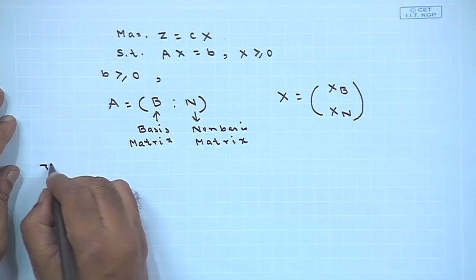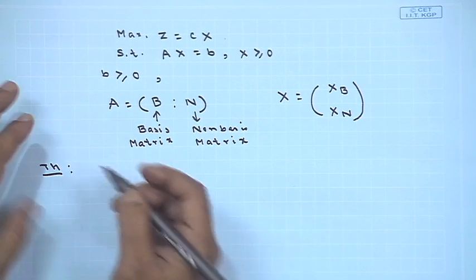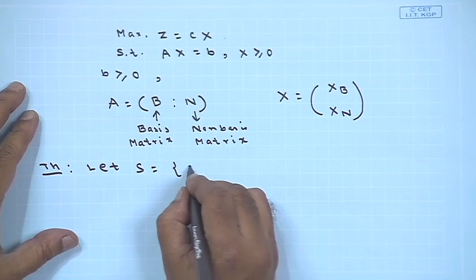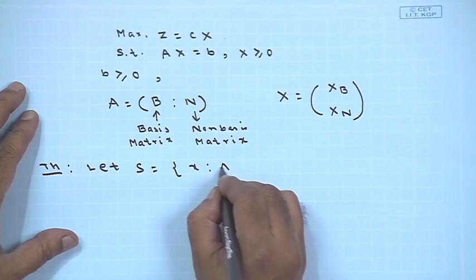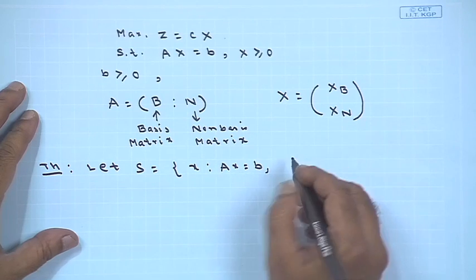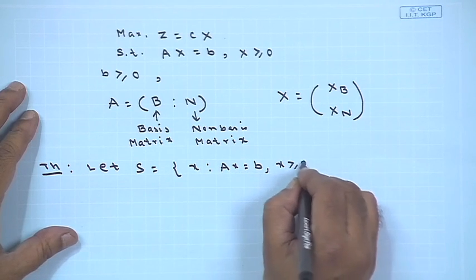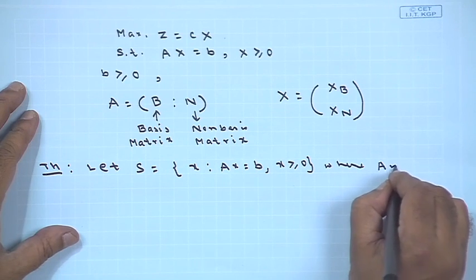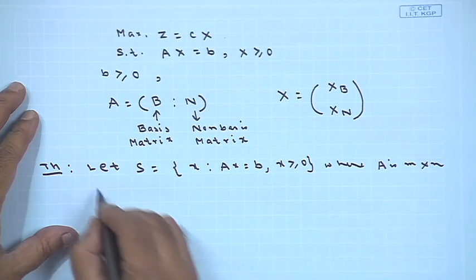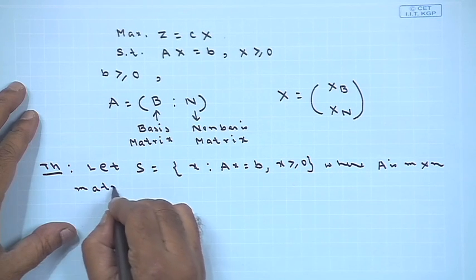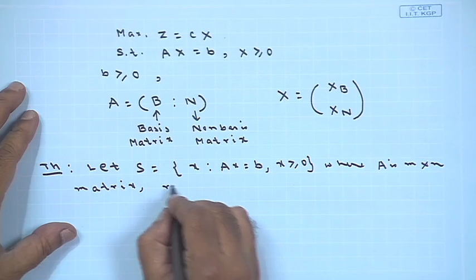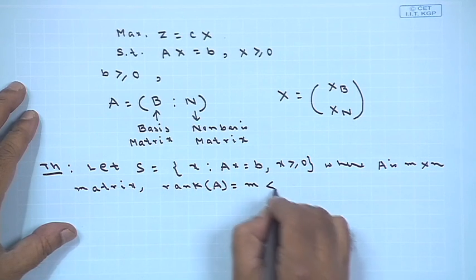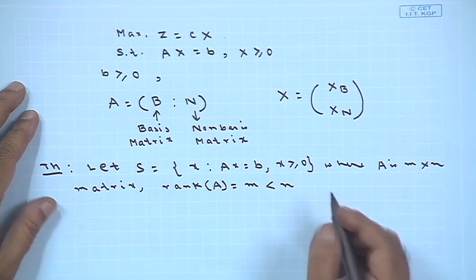There is a theorem. The theorem states: let S equal the set of x such that Ax equals B, x greater than or equal to 0, where A is an m cross n matrix and the rank of A is equal to m, which is less than n.